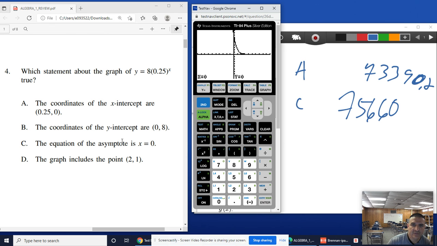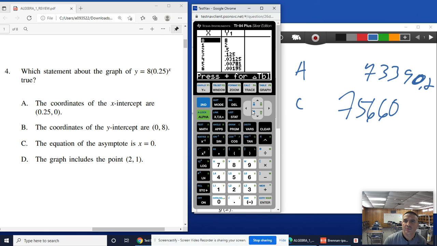It says the coordinates of the y-intercept are 0 and 8. Okay, so I could check right there, or you can also go to the table. 0 and 8. So that actually is on the graph. Y asymptote, no, you've got to know what asymptote is, but I already found that point, so that one's B. Right? So go back and try number 3 right now.